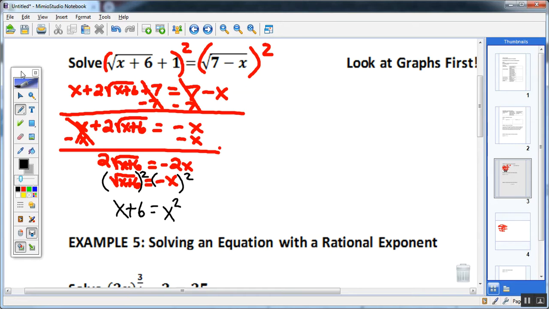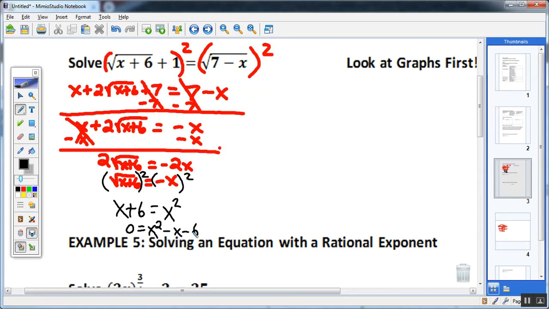So is it okay if I move these to the right? So if I have 0 on the left, that's going to equal x squared. How would you get this x to the opposite side? Minus x minus 6. Are you with me so far? By graph, we know they're going to intersect, and the x value is going to be what value?